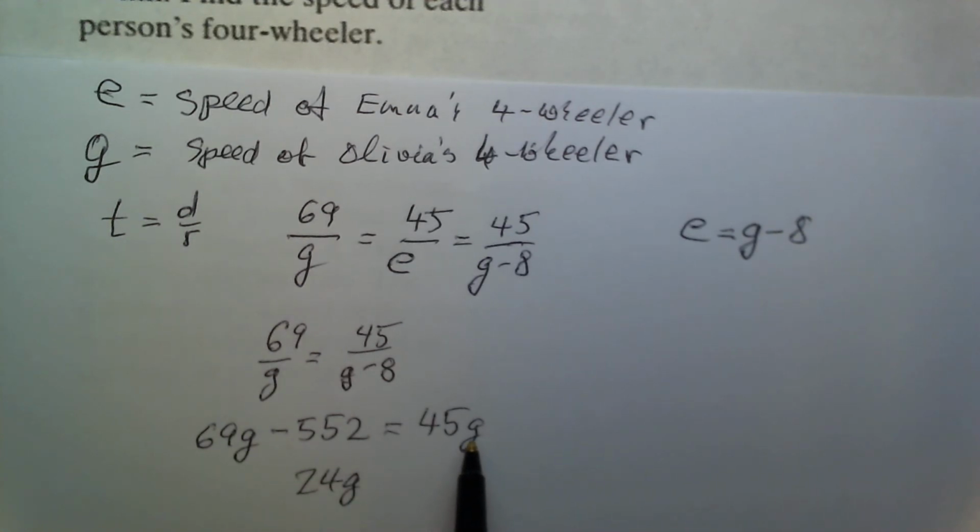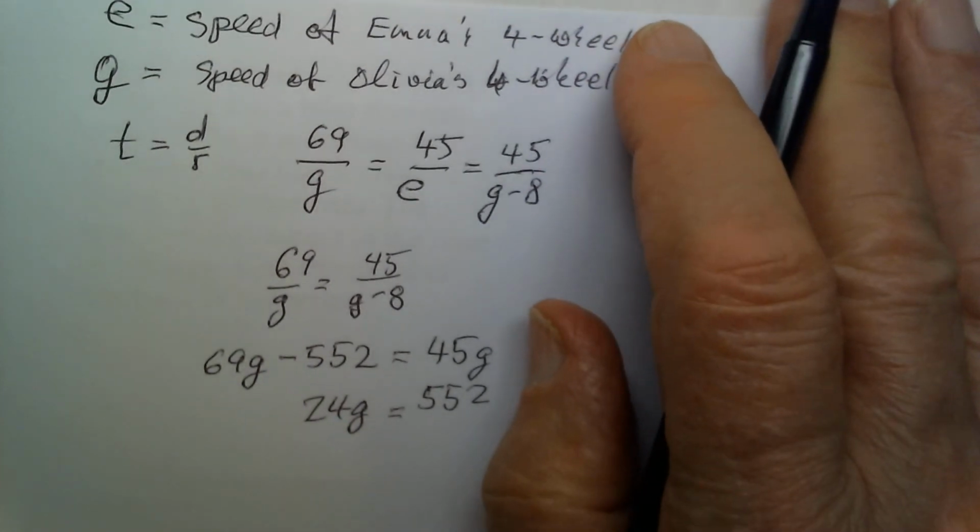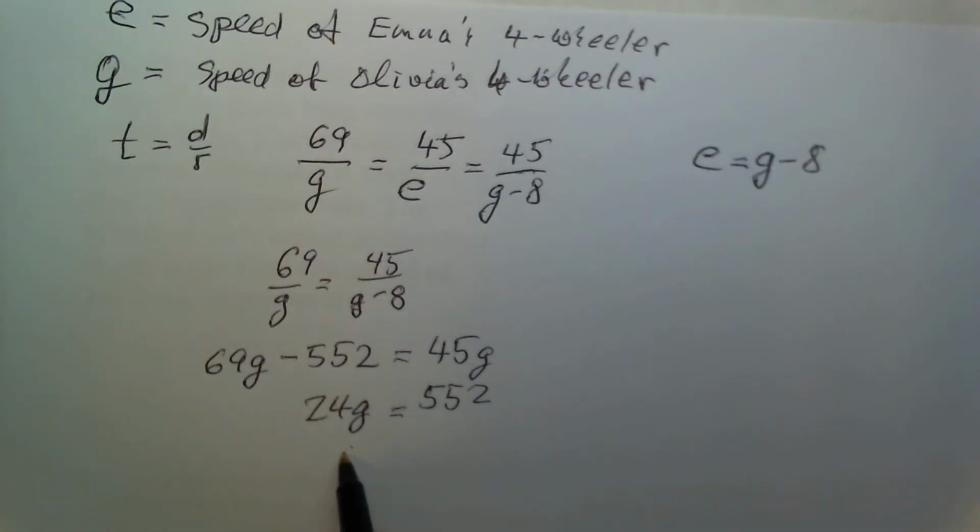If we subtract 45G on both sides, it gives us 24G on one side and 552 on the other side. We divide by 24 on both sides, so that means that G is equal to 23 kilometers per hour.